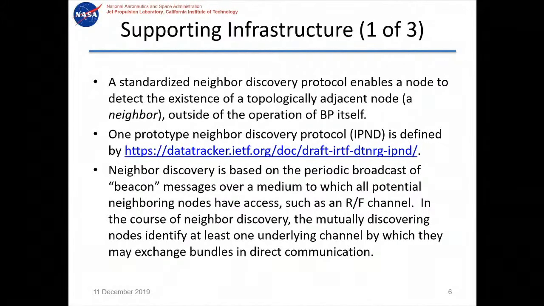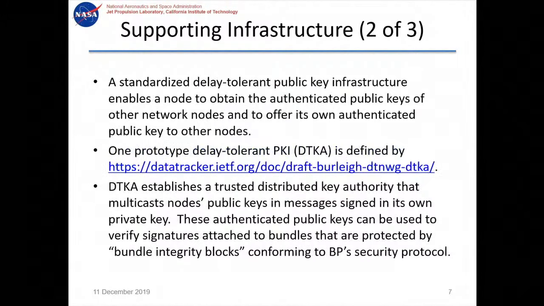The discovery of a neighbor enables the first little bit of knowledge of the topology of the network to be communicated to the new node. It also enables discovery of at least one underlying communication channel, so that the node now can exchange DTN bundles with at least one other node in the network once that neighbor discovery has happened.